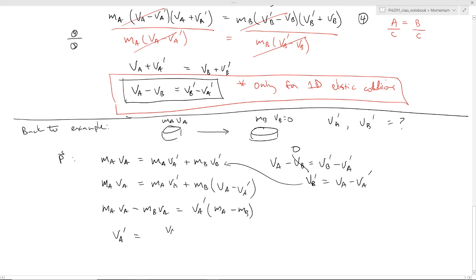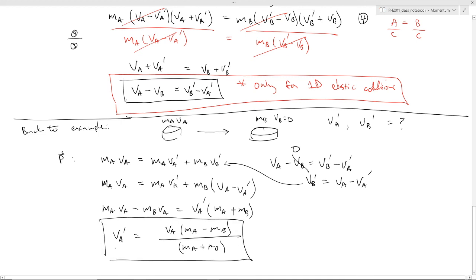Here we can factor out a VA times (MA minus MB) divided by (MA plus MB). Oh, wait a second, I have a sign error here. And this was a much quicker way to get at VA prime rather than solving a quadratic.